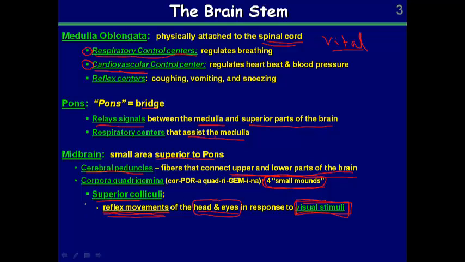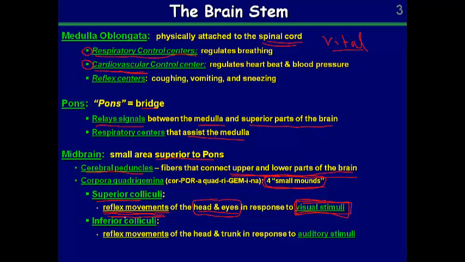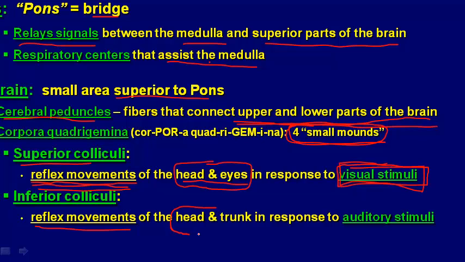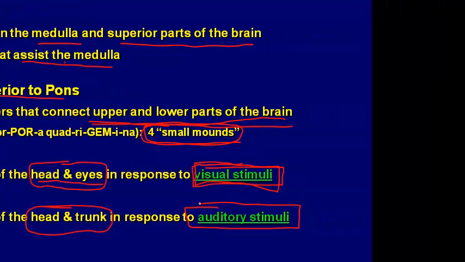So the superior colliculi do that. The inferior colliculi also promote a reflex, but this is more of your head and trunk, almost your whole body, in response to an auditory stimulus. That's when some noise causes your body to jump, basically. You may have had this occur recently during storms.